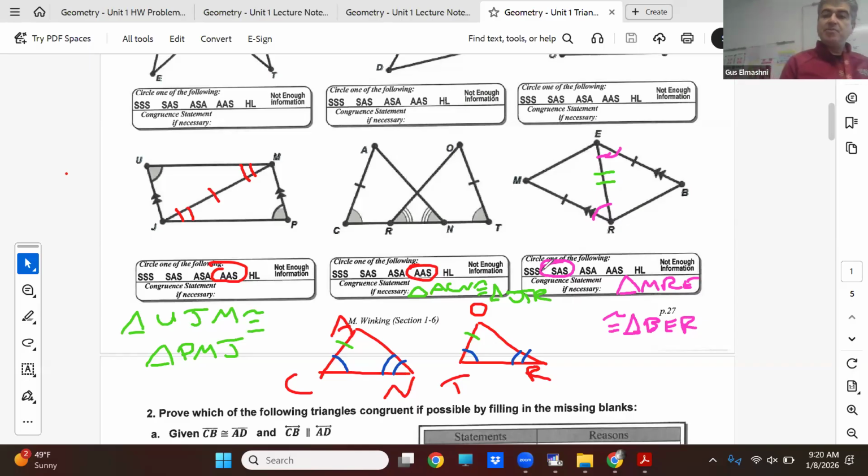Which one, first, second, or third? Oh, you're saying that this is the same as this?